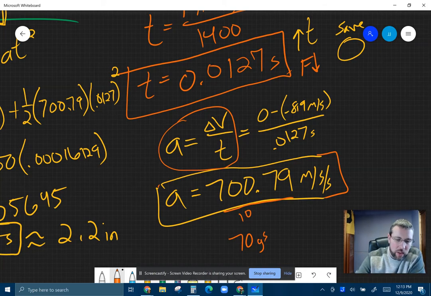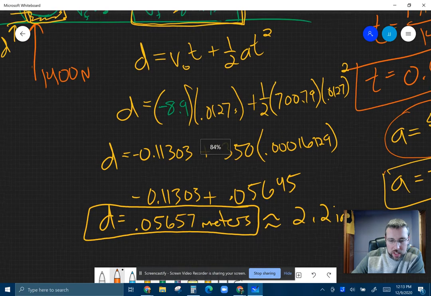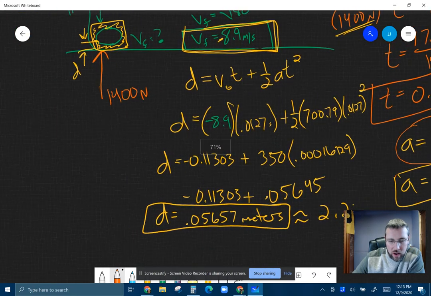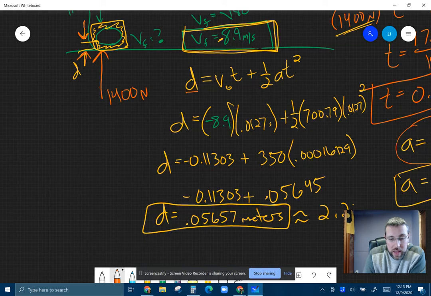But why did we find the acceleration? Because we could go over here to our displacement equation, the how far equation. So when we ask if it's going to decelerate at 700 meters per second squared, how thick does that actual cushioning, the padding, need to be to save the watermelon? Well, in that displacement, the thickness of it, it has to go from that velocity to 0.